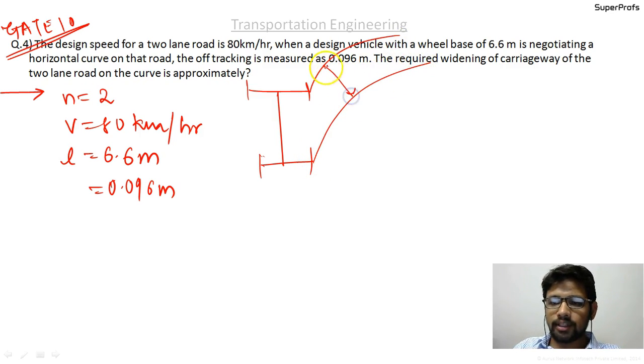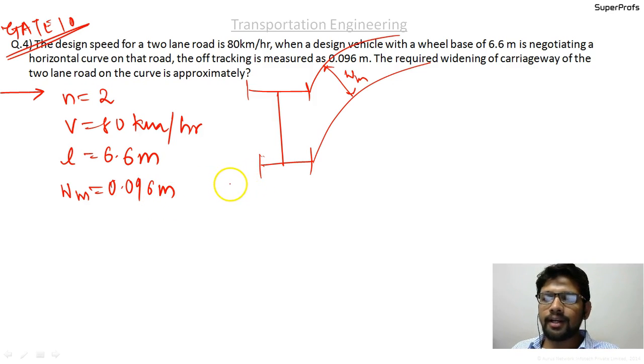So this is the off-tracking, which is given as Wm, the mechanical widening. So indirectly they are saying the mechanical widening is 0.096 meters. The required widening of the carriageway of the two-lane road on the curve is approximately what?